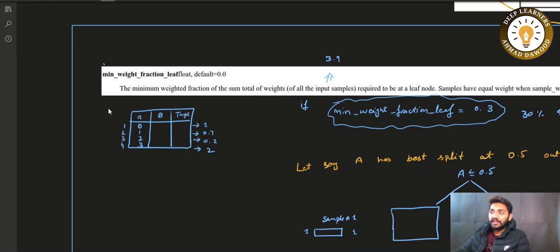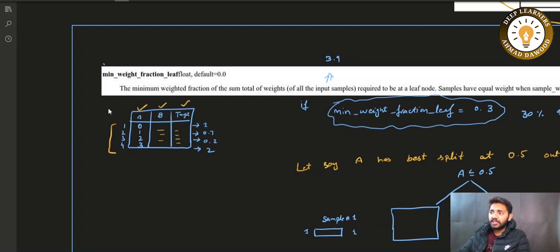Let's say you have this dataset, in which you have two independent variables A and B, and one dependent variable which is the target column. There are just four samples in this dataset, with index 1, 2, 3, 4. There are just four values in A: 0, 1, 2, 3, and I have not mentioned the values of B and target here because it is just for explanation purposes.